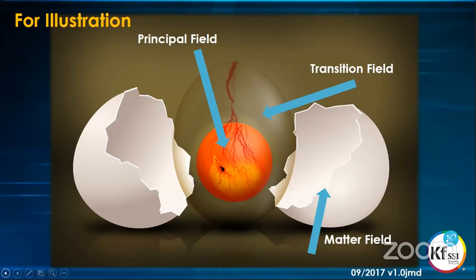What you see here is the percentage of the so-called matter field, which is the shell, which is solid. And the rest inside, the 99%, is in a different state of matter.